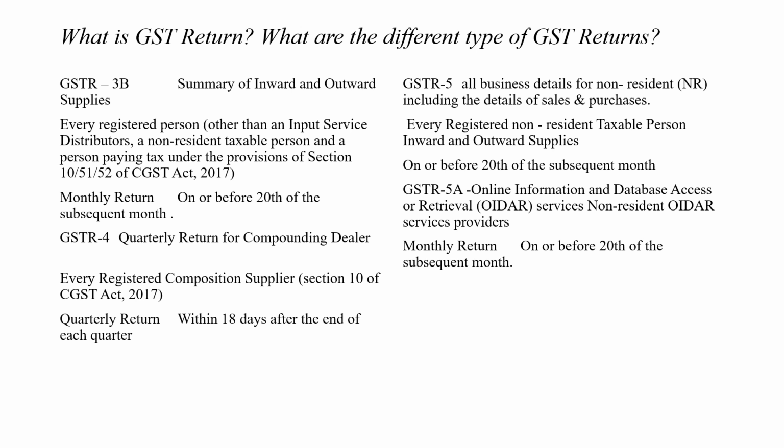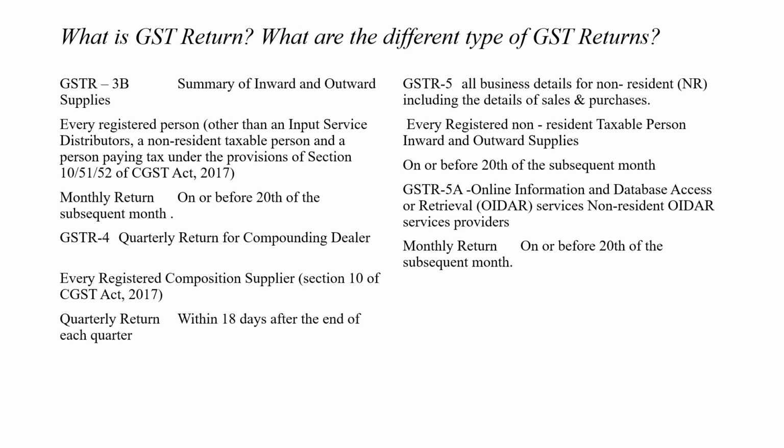Now come to the next form, that is GSTR4, quarterly return for a compounding dealer. Every registered composition supplier, section 10 of the CGST Act, quarterly return within 18 days after the end of each quarter.